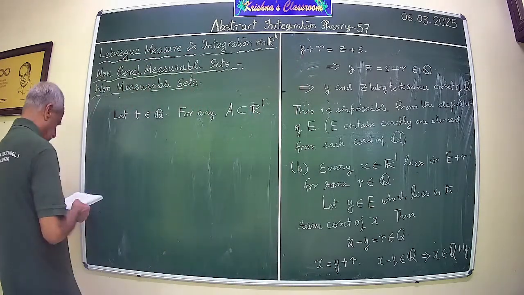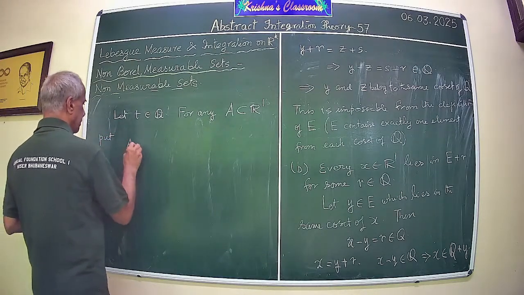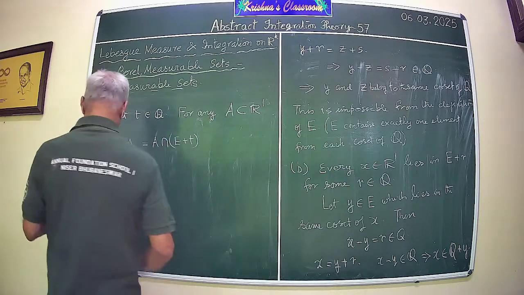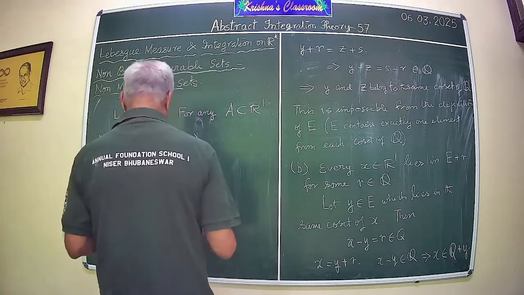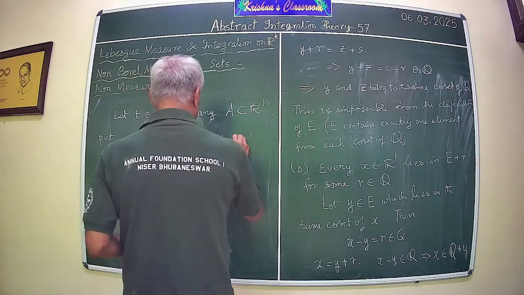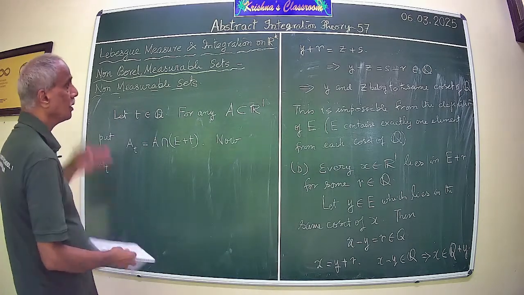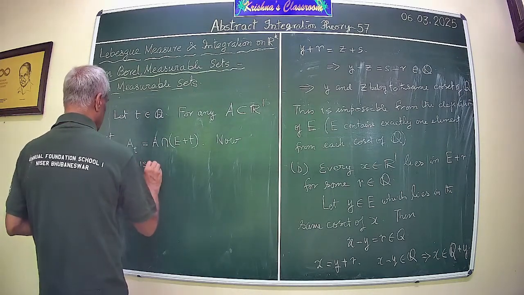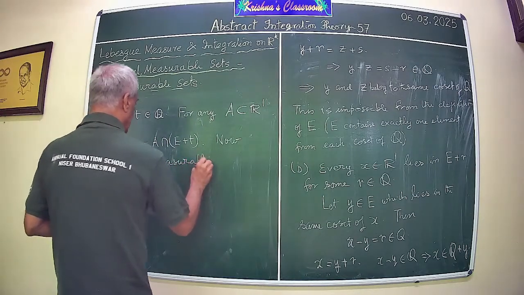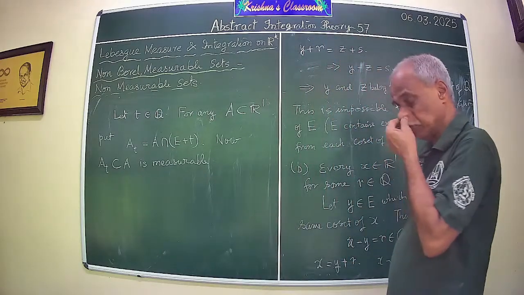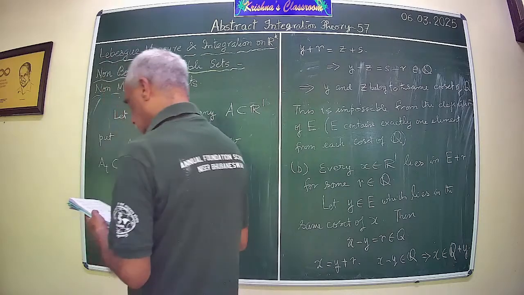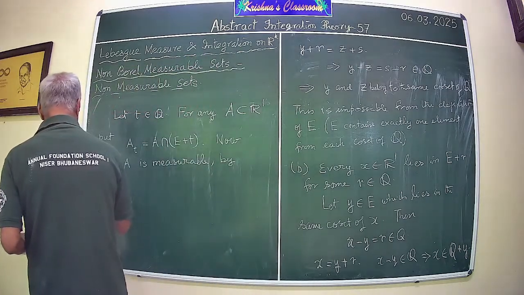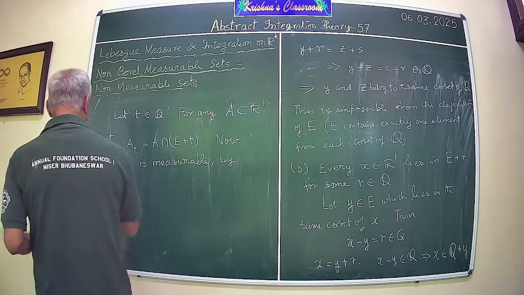Choose an A contained in R1, put A_t equal to A intersection (E plus t). Now A_t is measurable by hypothesis. So we arrive at a contradiction.